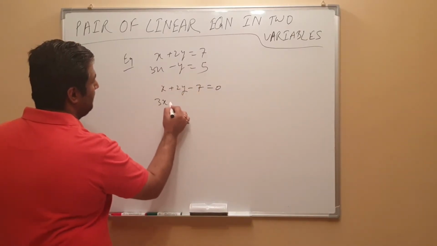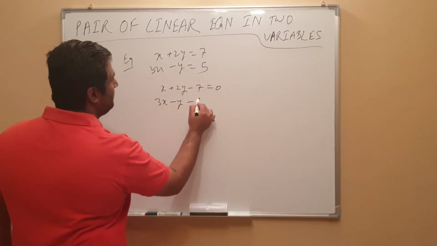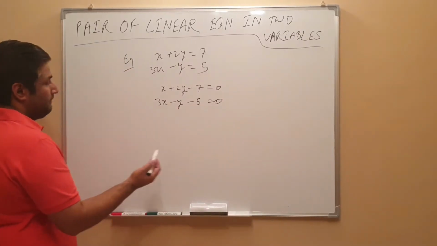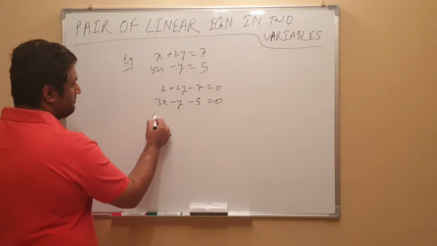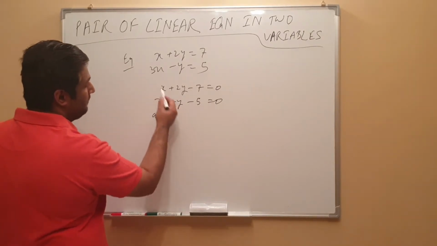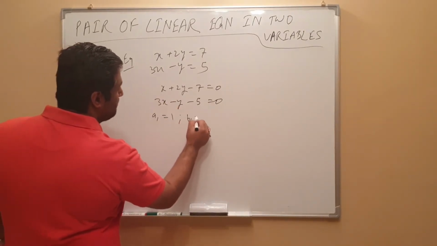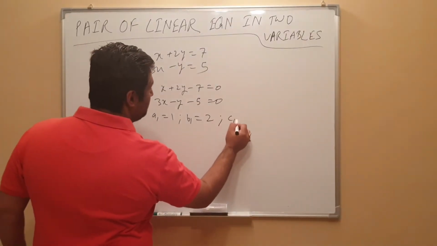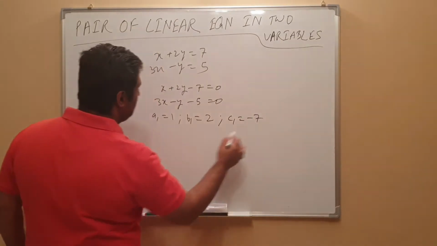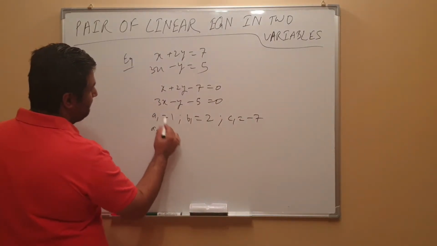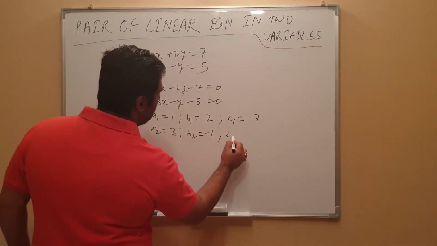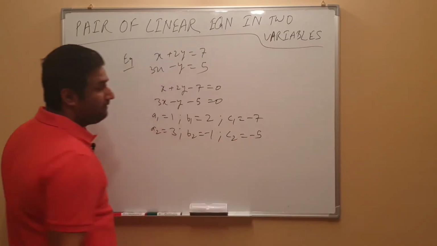Similarly here you will have 3x minus y minus 5 equals 0, right? So you just have to compare. Now a1 here is the multiple of x, which is 1, b1 is the multiple of y, which is 2, and c1 is negative 7. Similarly a2 is 3, b2 is negative 1, and c2 is negative 5.